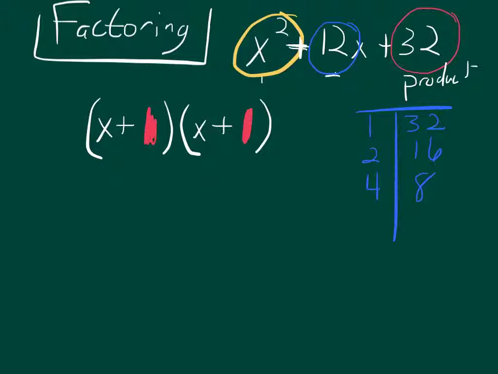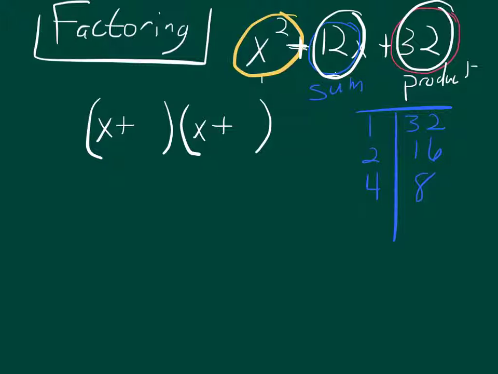The 12 is the sum of the two numbers right here. So your job is to find the factors that when added together equal the sum of 12 and have a product of 32.